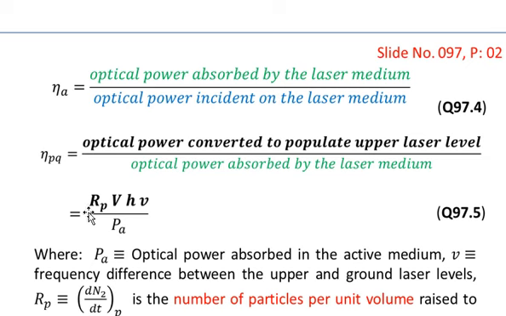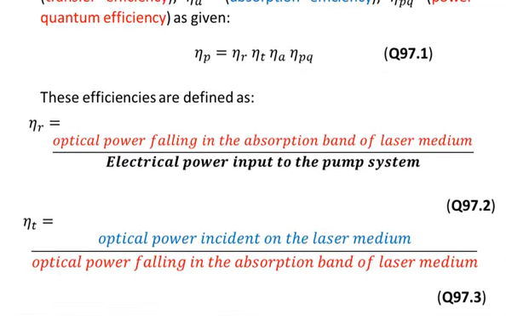In mathematical terms, it is equal to Rp multiplied by V, multiplied by h nu, divided by Pa. We will come back to this formula, but first let's concentrate on the efficiencies that we have just defined.